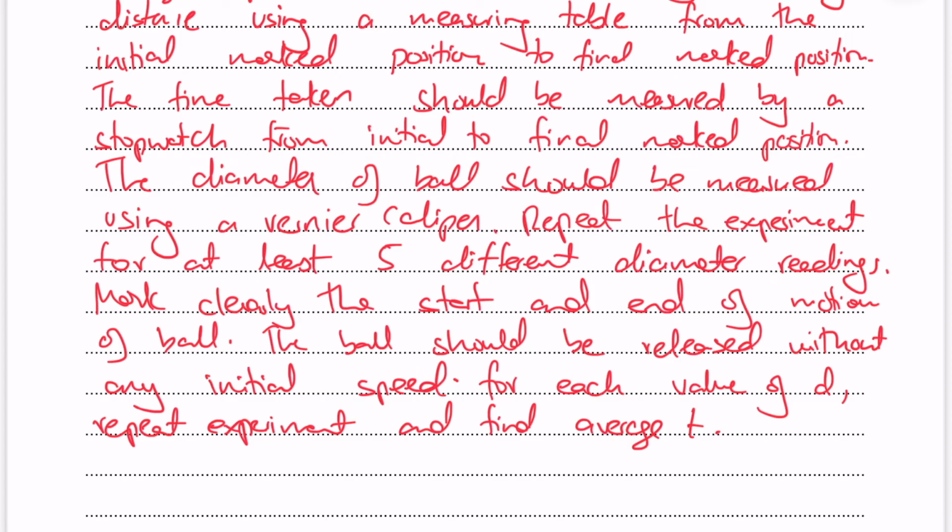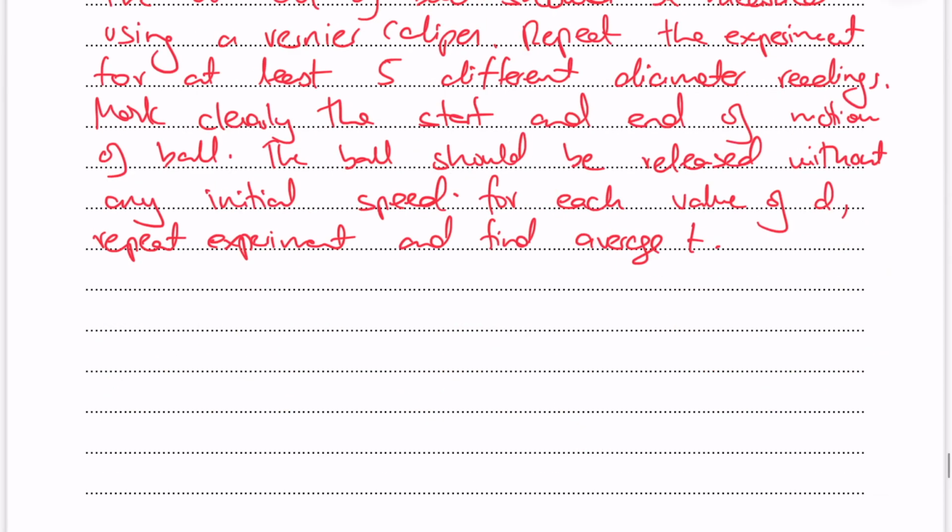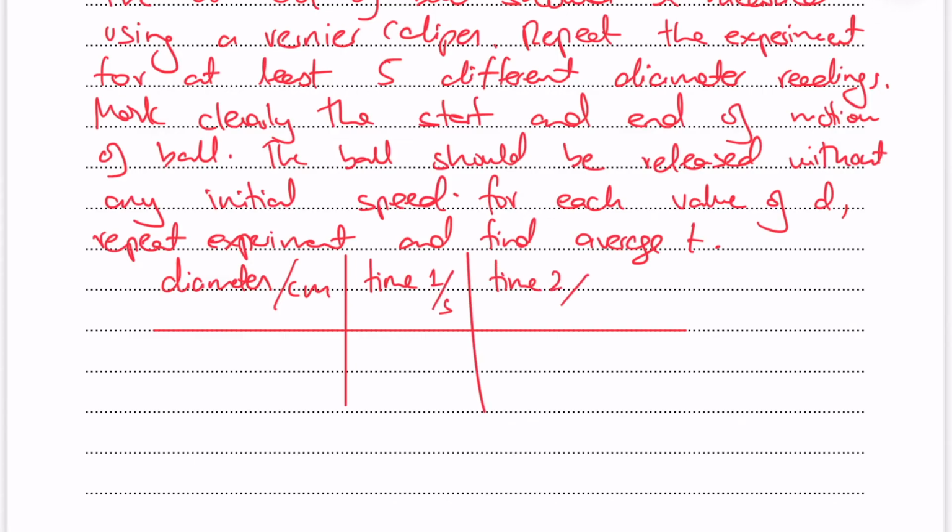About the tables that we have to talk about, we can say: diameter in centimeters, time 1 in seconds, time 2 in seconds, and then average time in seconds, distance in centimeters.